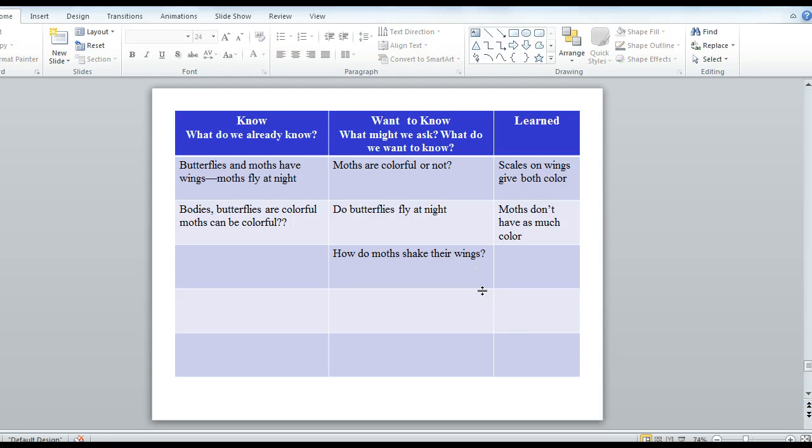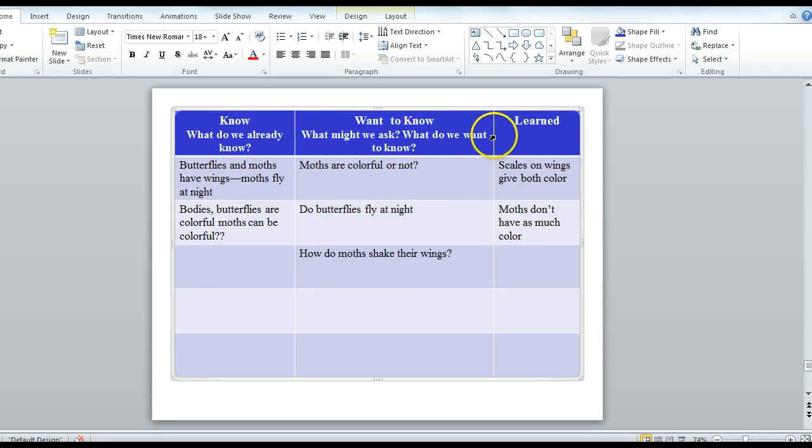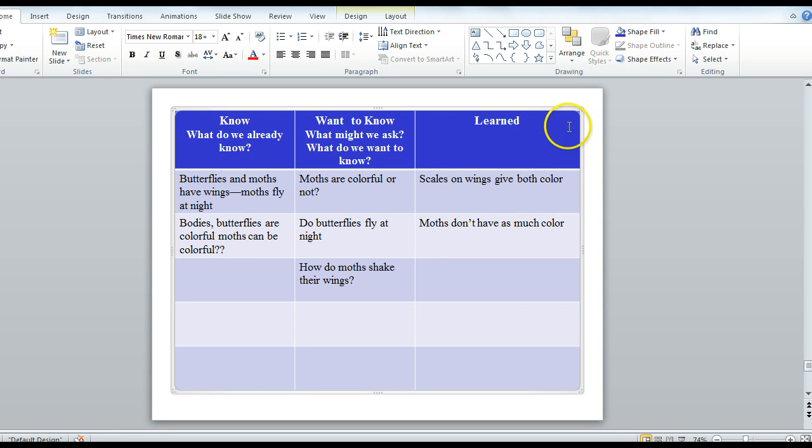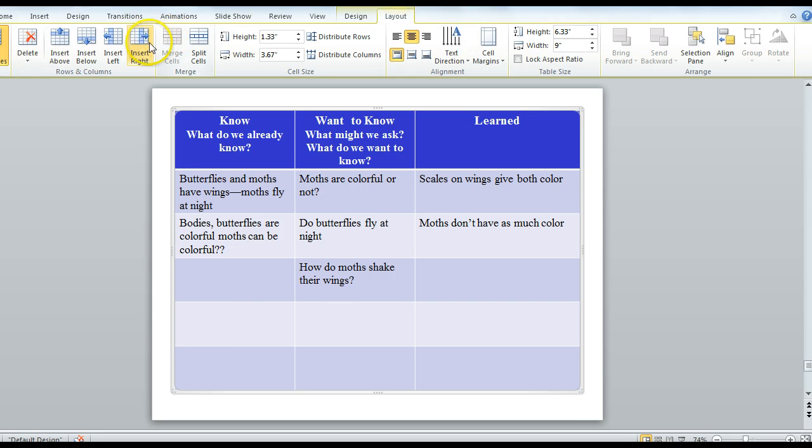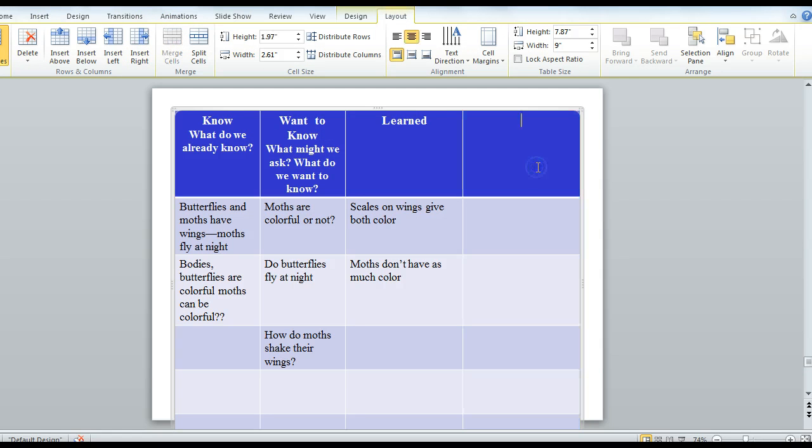And then back to our good old KWL chart. It's pretty obvious that you would use a KWL chart, know, want to know, and learned after, and everybody uses the learned as an after. But I'm sure you've also seen that, here we go, you can add a fourth column, and it's what else.